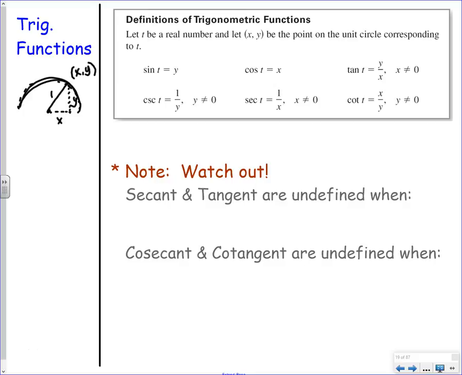Tangent and its reciprocal, cotangent. If you were just looking at the x and y, this is what you would need to remember. But thankfully, especially for us visual ones, we don't have to just look at the x, y. We can see in the x, y a triangle, which takes us back to the days of pre-calc.